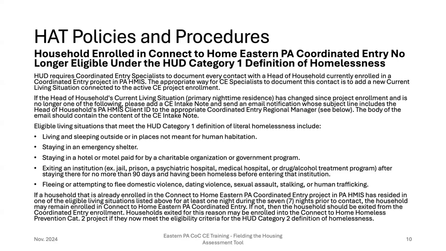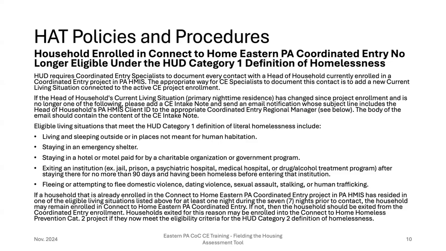This is more recent HUD guidance to account for the fact that it only applies to people that already met the Category 1 definition when the core entry project enrollment was created, and now they're contacting us again, and they happen to mention that once or twice or more in the last 7 nights they still were literally homeless in one of these Category 1 situations.